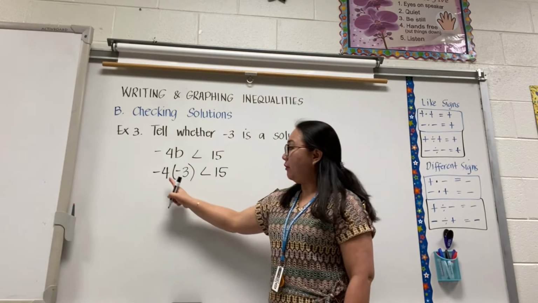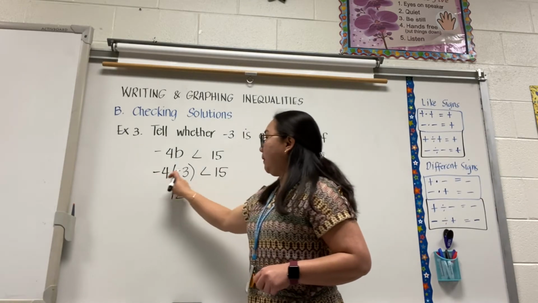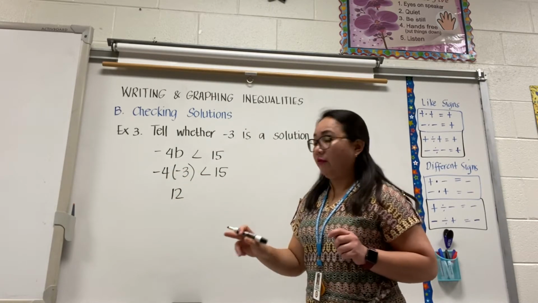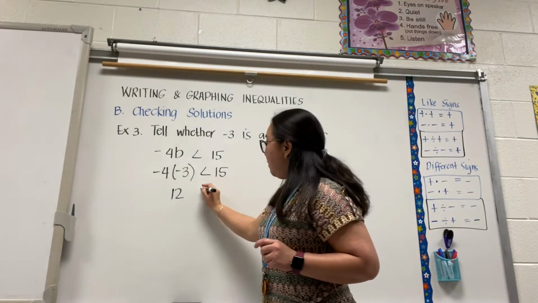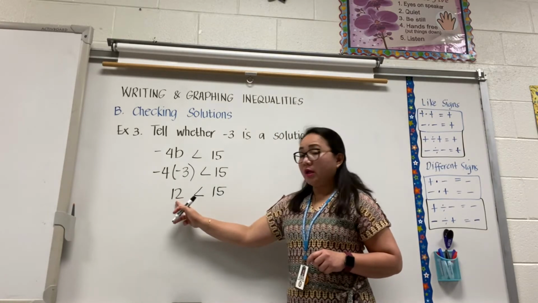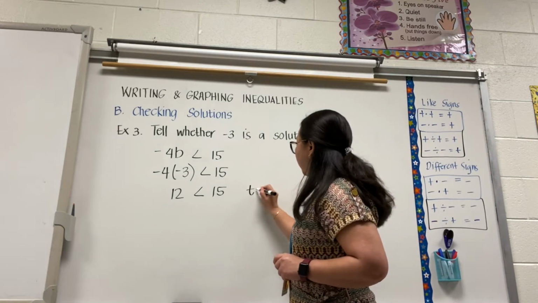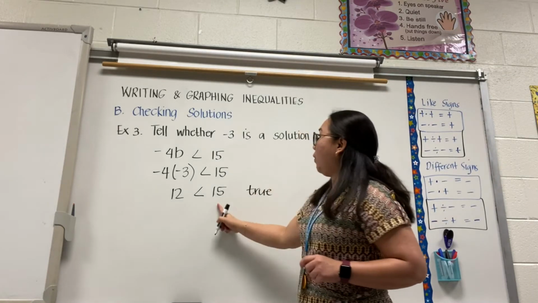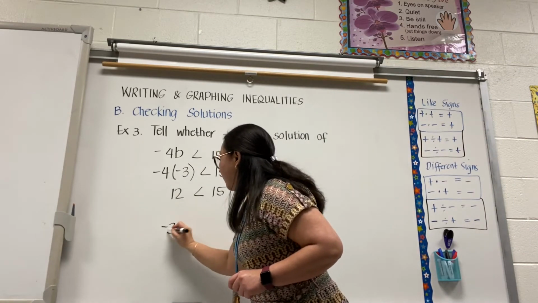Then multiply. 4 times 3 is 12. And you are multiplying like signs, which will give you a positive answer. So the answer is positive 12. Write the symbol and then 15. So here, 12 is less than 15, which is true. Therefore, negative 3 is a solution.